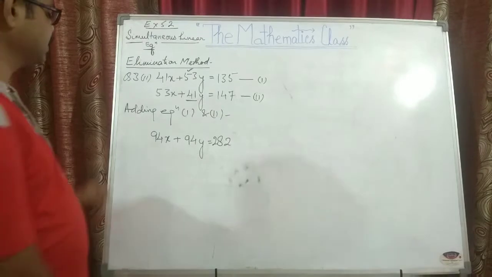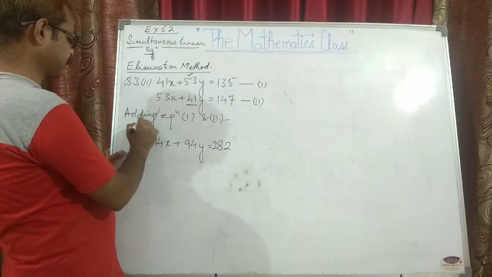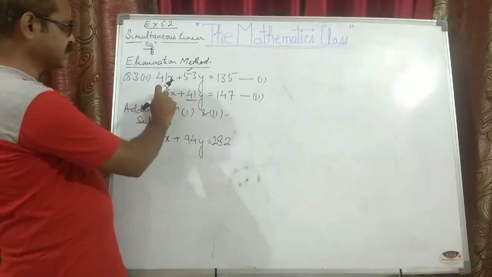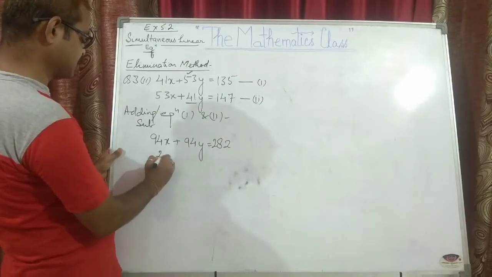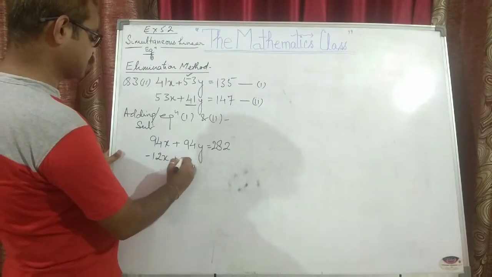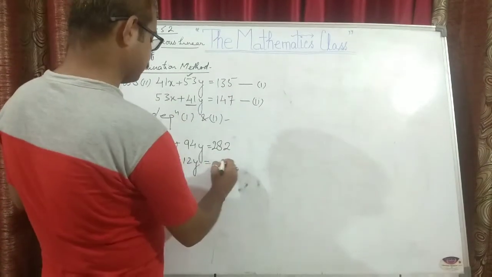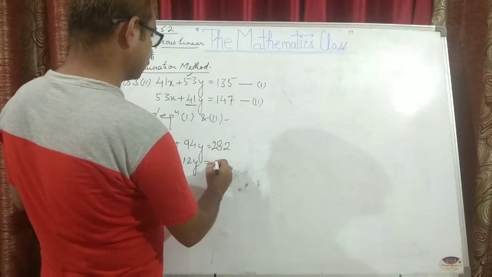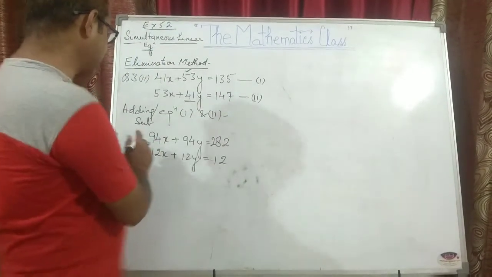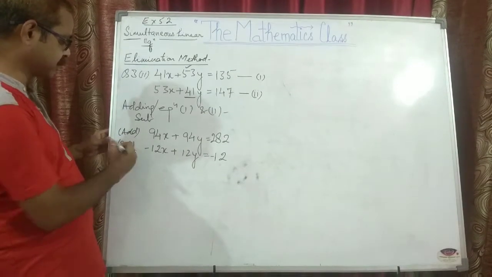When you subtract these equations, 41 minus 53, we get minus 12x plus 12y is equal to minus 12.